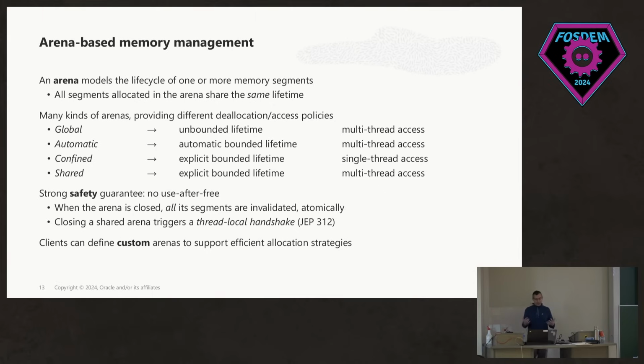So what we did instead, with the help of the GC team, is rely on a safepointing mechanism to make sure that it is never possible to close a segment while there is any other thread that is trying to access the same segment. That works very well. Of course, it's a little bit more expensive if you need to close a shared arena very frequently, but hopefully you won't need to do that.